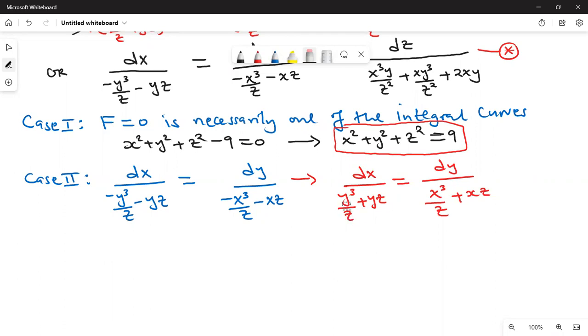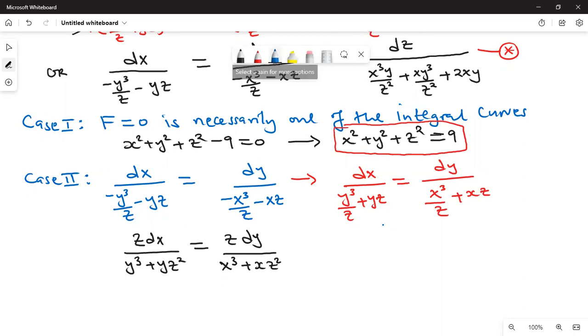So I can multiply both numerator and denominator by z, so that the equation can as well be written as z dx over (y cubed plus yz squared) equals z dy over (x cubed plus xz squared).